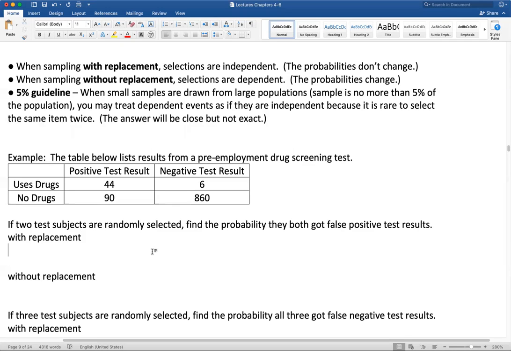So let's say A is the set of positive test results, and B is also the set of all the persons who had a positive test result.